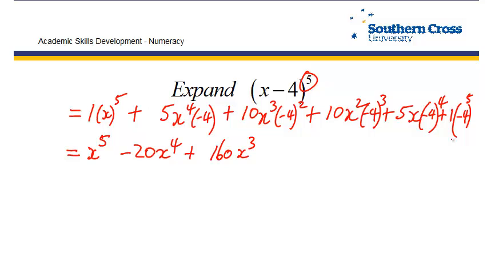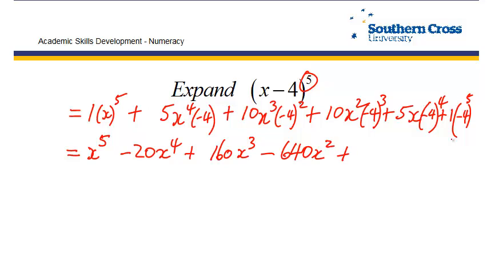Now the next one should be negative. There is a pattern. Negative 4 cubed is going to be negative 64 times 10 is negative 640, x squared.